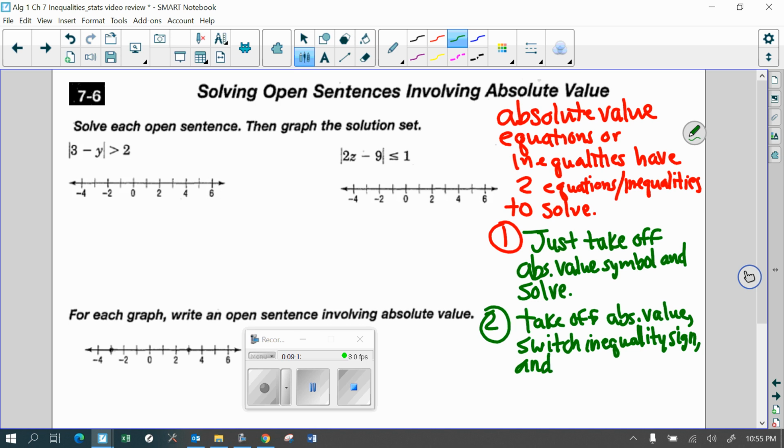And multiply the non-variable side by -1, which means take the opposite, which means the negative, of the non-absolute value side.